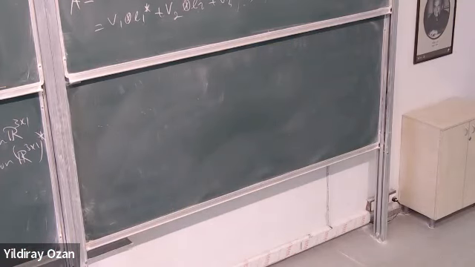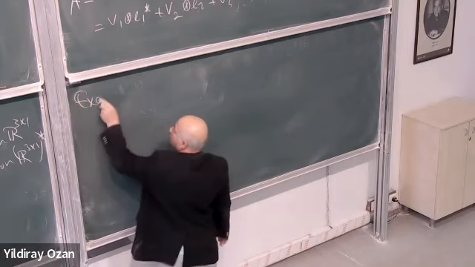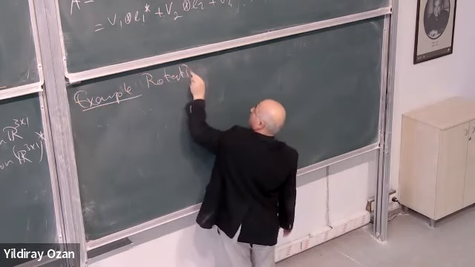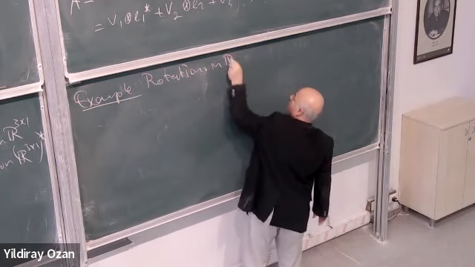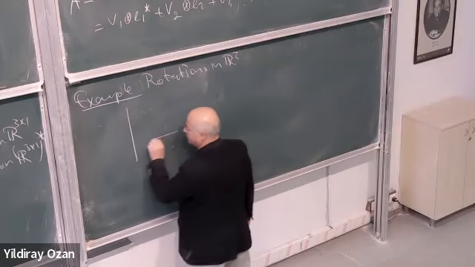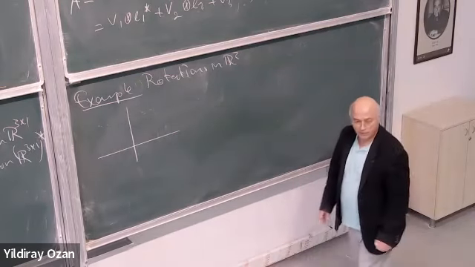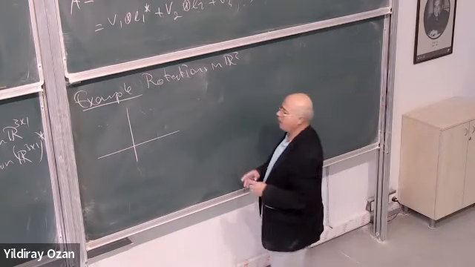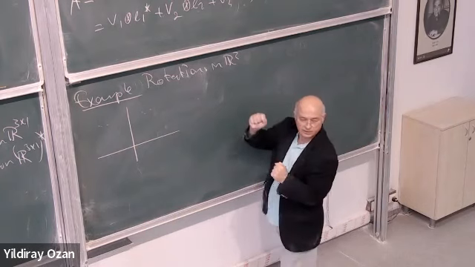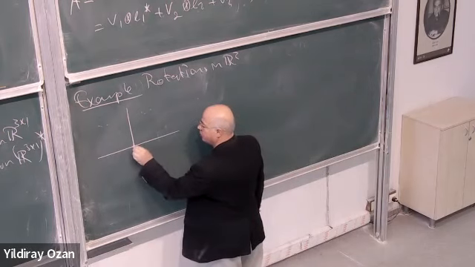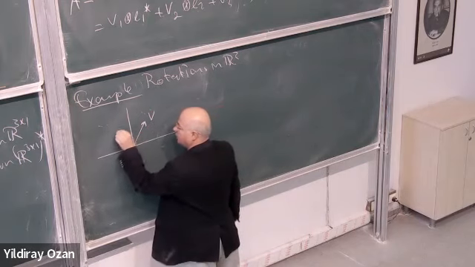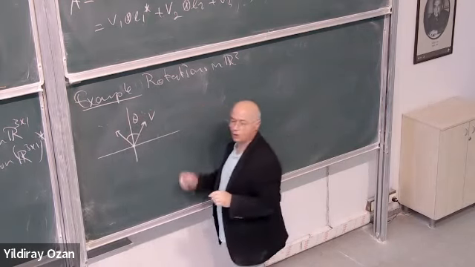Okay. Another example. Rotation in R2. So let's take this, and my linear map is the rotation, let's say, by theta radians counterclockwise. So whenever you give me a vector, I will rotate it by theta radians counterclockwise.